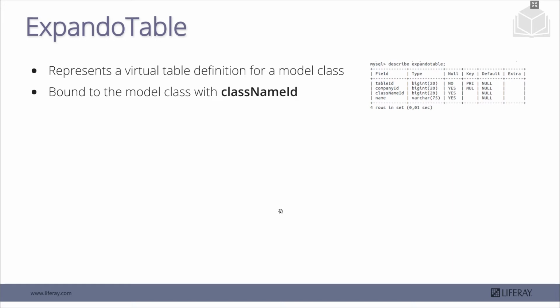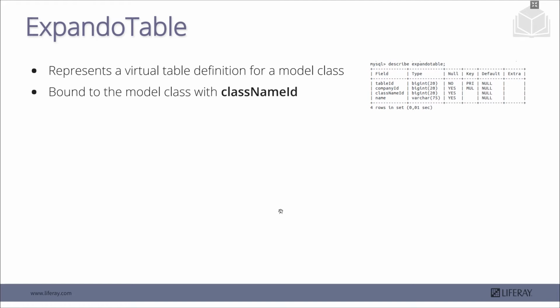If I'm adding a custom field for a role, we're going to keep track of that within the Expando table. So using this specific class name ID, we're going to have an entry within the Expando table for each different model entity we are modifying. So we can have one for user, one for roles, one for site pages, and so on.